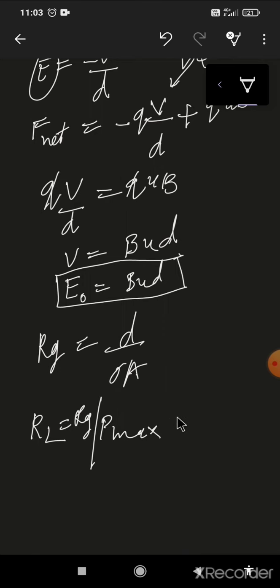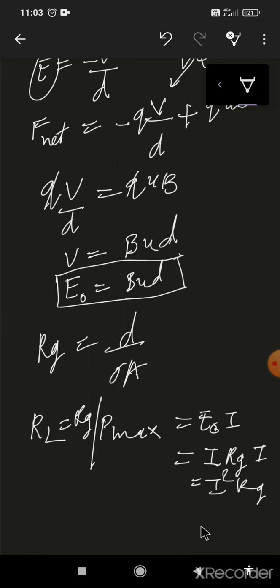So P max will be equal to E0 I, that is open circuit voltage times I. So we'll get the maximum power. As we know, E0 is I into Rg, so P is I square Rg.